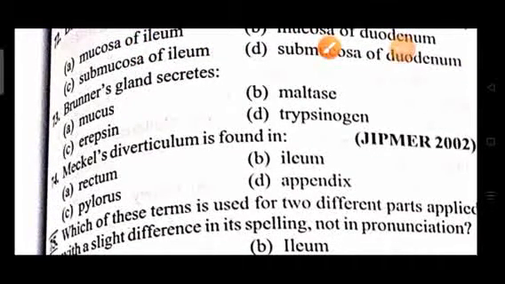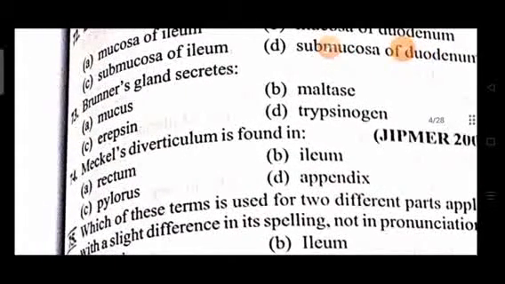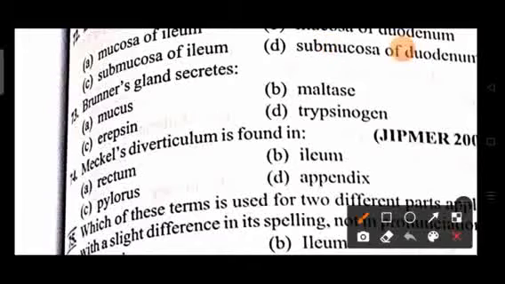Next, Brunner's gland secretion. To make our body frictionless, and so that the digestive enzymes or acidic components produced in our body do not act on the muscular system of the alimentary canal, a component called mucus is present. That mucus is specially produced by Brunner's glands.